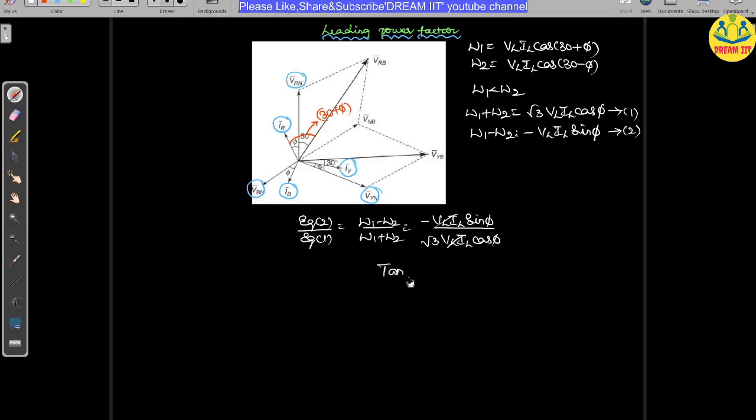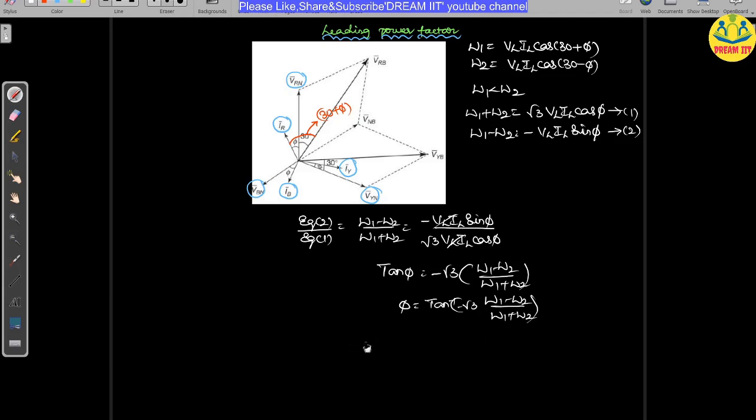Tan phi is equal to minus root 3 into W1 minus W2 by W1 plus W2. So what is phi? Phi you can write as tan inverse of minus root 3 into W1 minus W2 divided by W1 plus W2. This is the phi value.